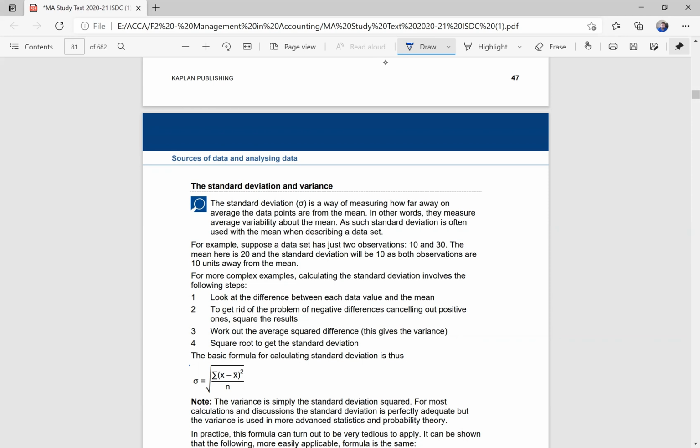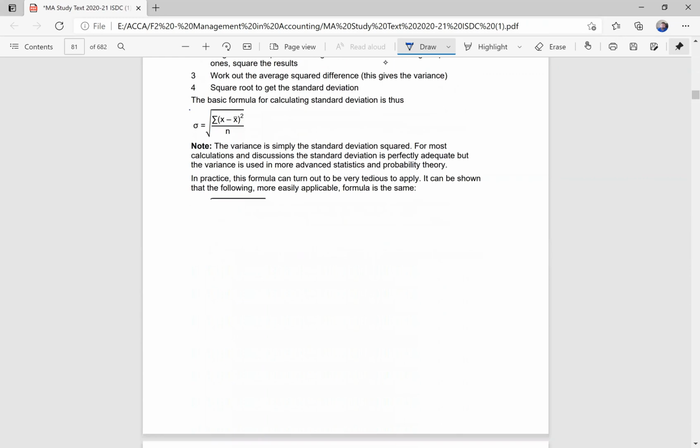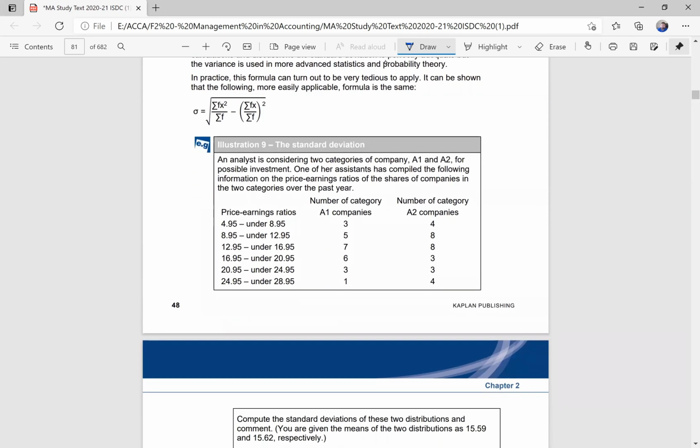Now, x is basically your variable, and n is the number of periods or observations, depending on the question. If you want to calculate the standard deviation from frequencies, then we have another formula for that.